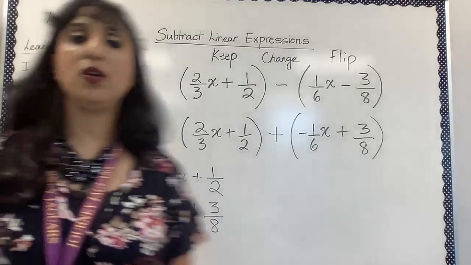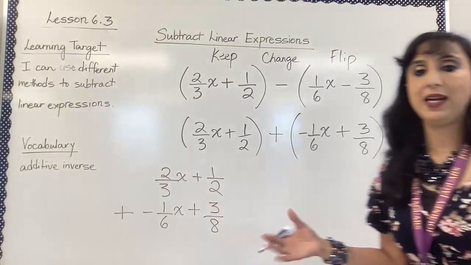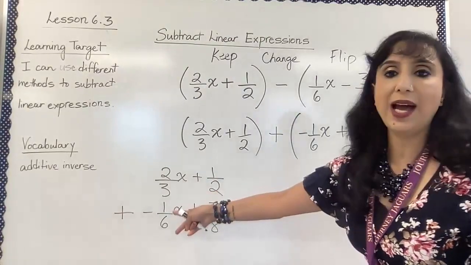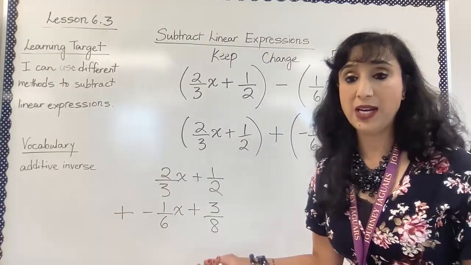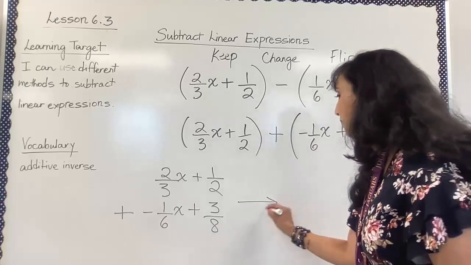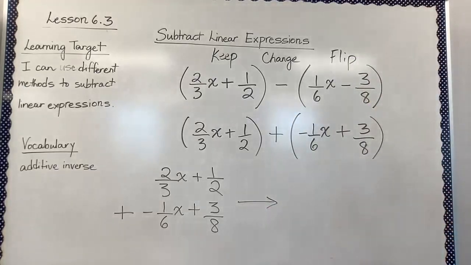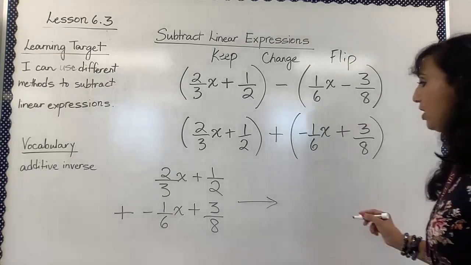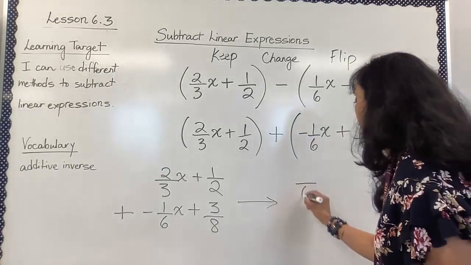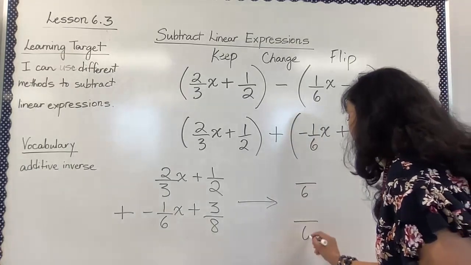The next thing I'm going to look at is that if I am adding fractions with unlike denominators, my denominators need to be the same. So I am going to change both of them to the same common denominator for the x's and the same common denominator for the 1/2 and the 3/8. If I look at 2/3 and negative 1/6, the common denominator is going to be 6.